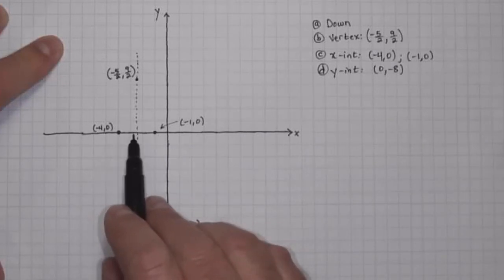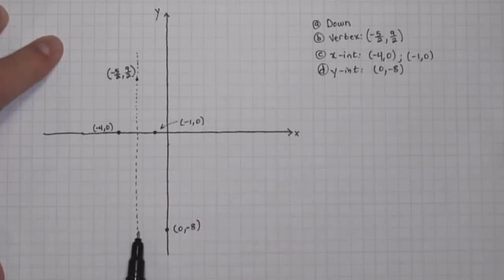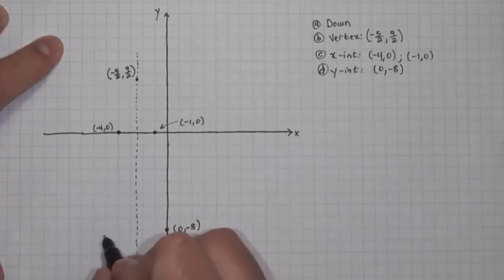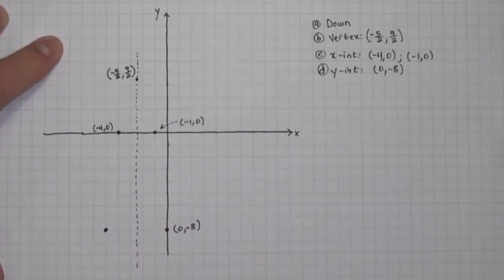This x-intercept is 1.5 units to the left of the axis of symmetry. Well, I can use that same process to find a second point over here. Our y-intercept is 2.5 units to the right of the axis of symmetry. So if I go 2.5 units to the left of the axis of symmetry, that point has to be on the parabola as well by symmetry.